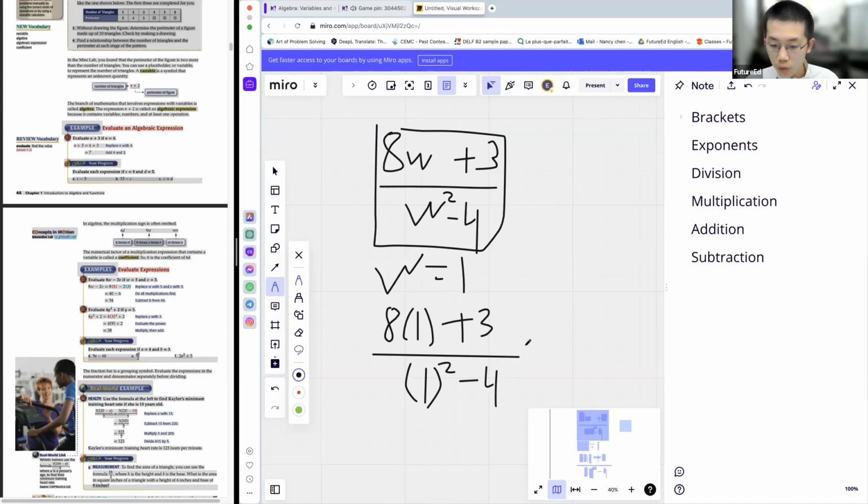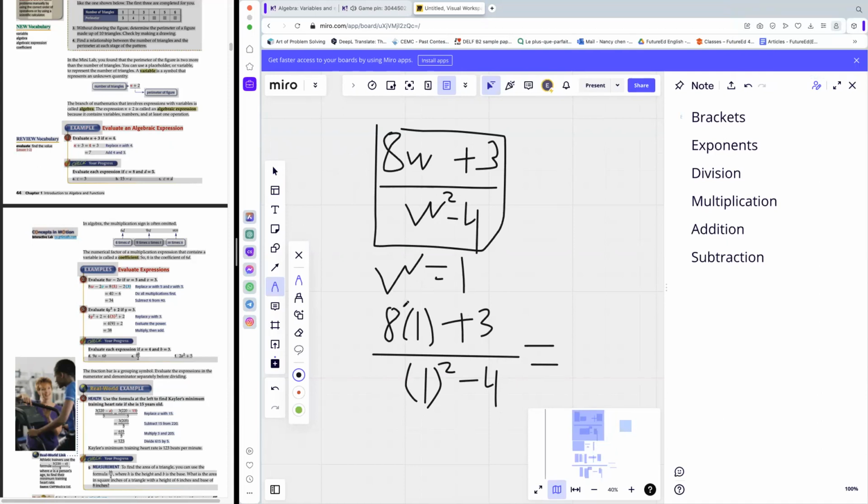So how would you simplify this, Ray? So 8 plus 3 equals 11. Okay, so you would do 8 times 1 is still 8, plus 3 is 11. And what about on the bottom?